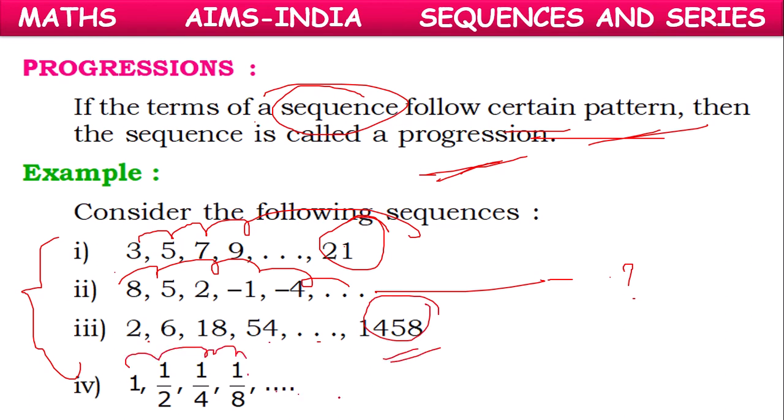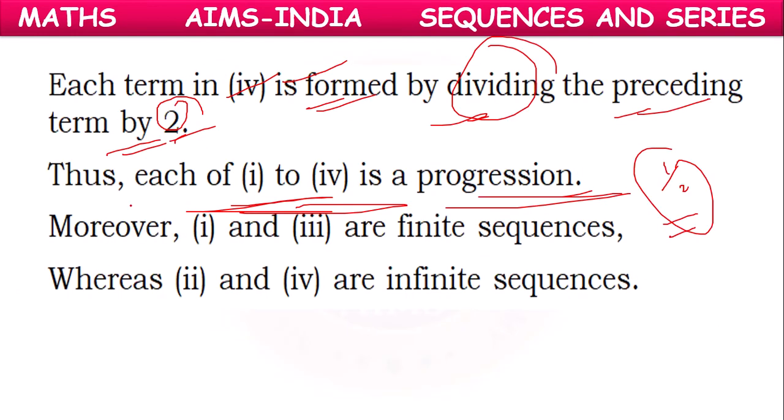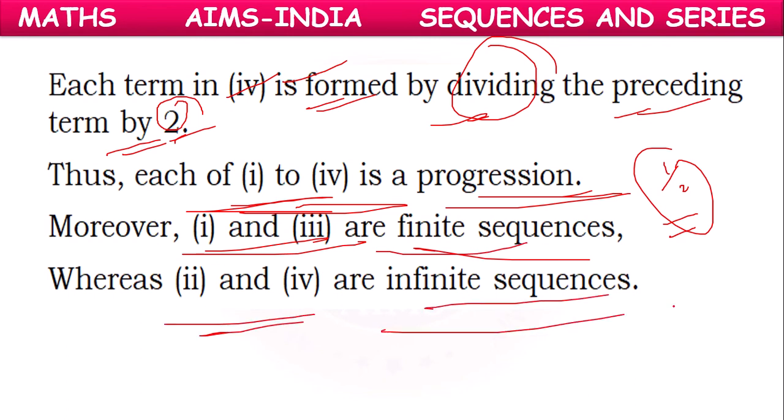We have dots, which means it will go on. So examples 1 and 3 are finite progressions, and 2 and 4 are infinite progressions.